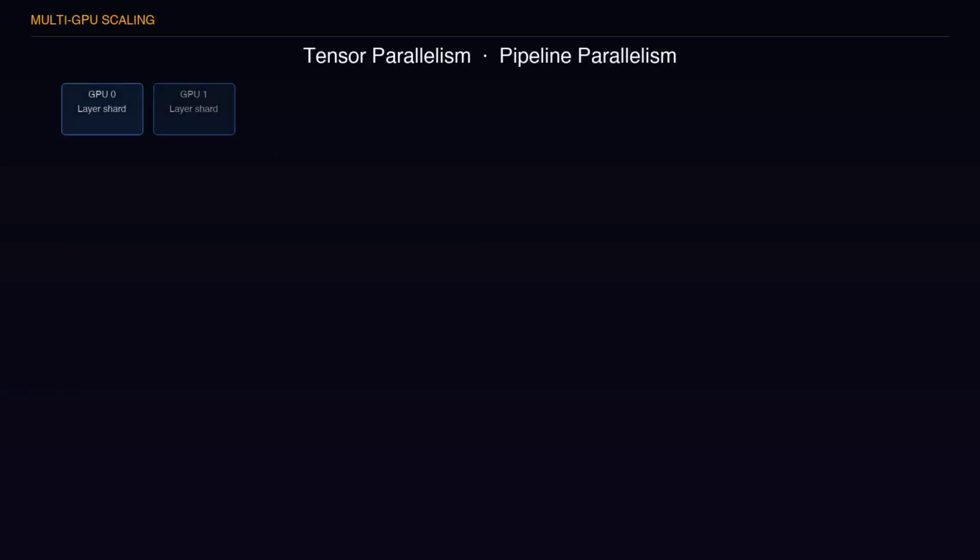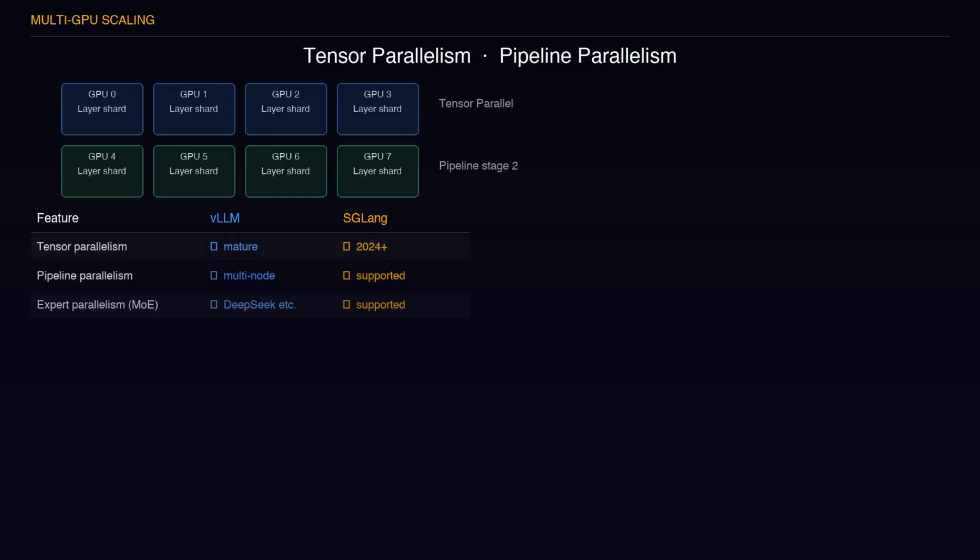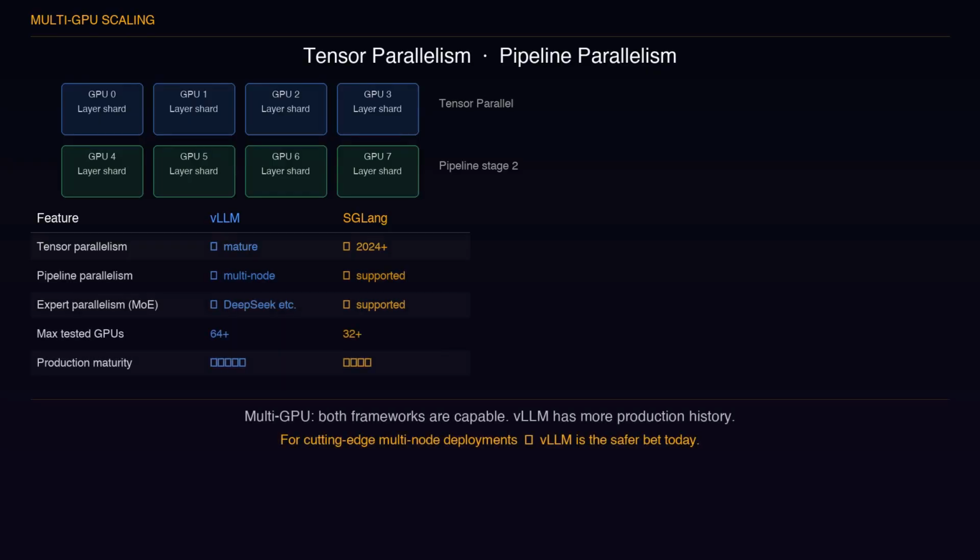For large models that don't fit on a single GPU, both frameworks support the standard distributed strategies. Tensor parallelism splits layers across GPUs with NCCL all-reduce between passes. Pipeline parallelism assigns layer groups to different nodes. Expert parallelism handles mixture of experts models like DeepSeek and Mixtral.